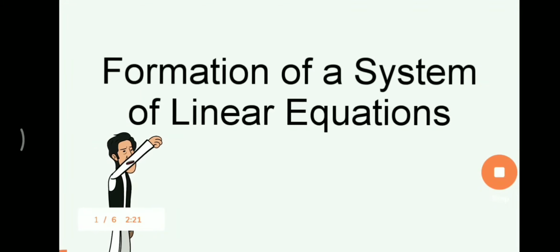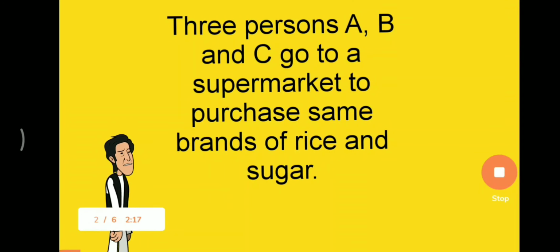Formation of a system of linear equations. This can be understood by formulating a mathematical model of a simple practical problem. Consider three persons A, B and C who go to a supermarket to purchase the same brands of rice and sugar.